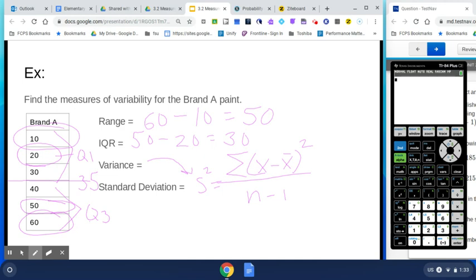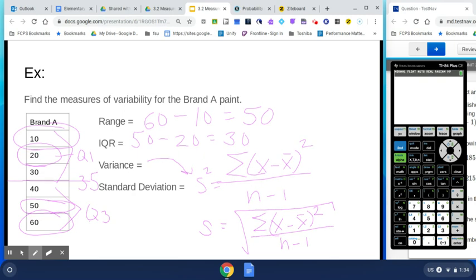In order to find the standard deviation, we are going to square root the variance. In other words, we're going to square root that whole process that we just talked about: taking the data value and subtracting off the mean, squaring, adding those values together, and dividing by the sample size minus 1.